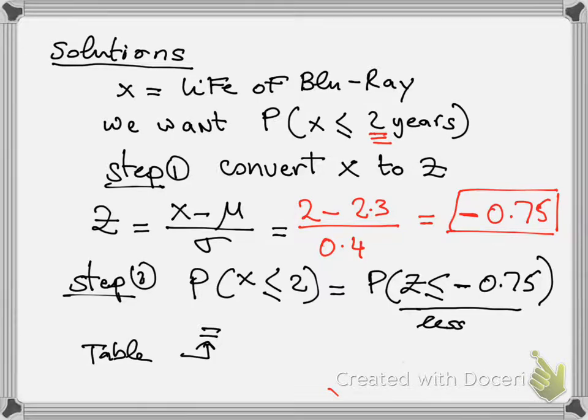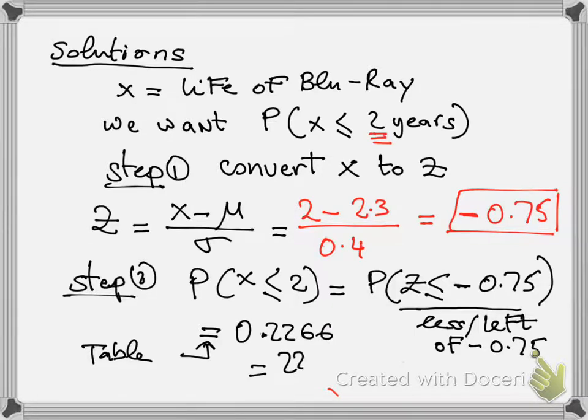That will be the area to the left of negative 0.75. If you check the table, for negative 0.75, that would be 0.2266, or in other words, 22.66%.